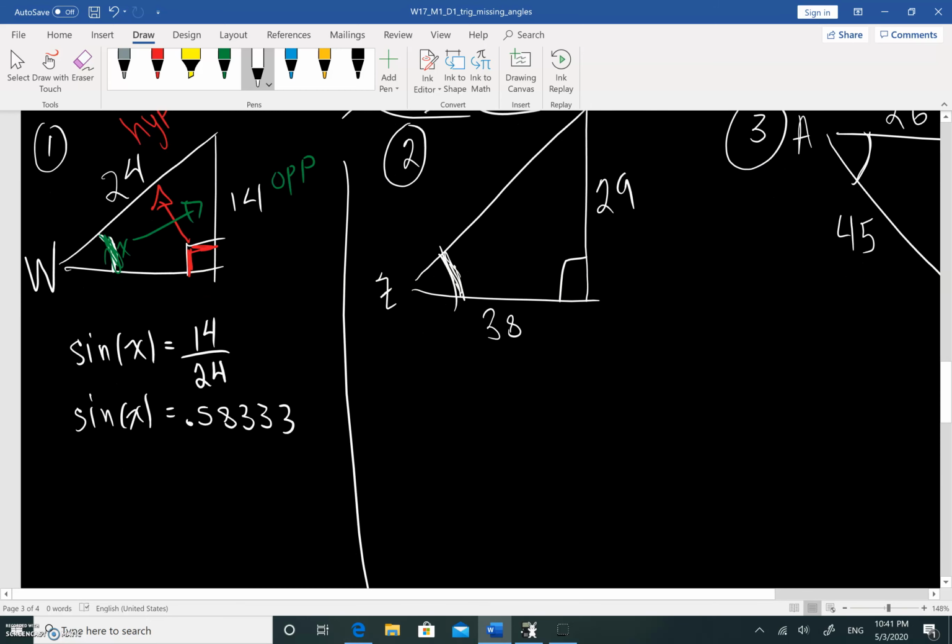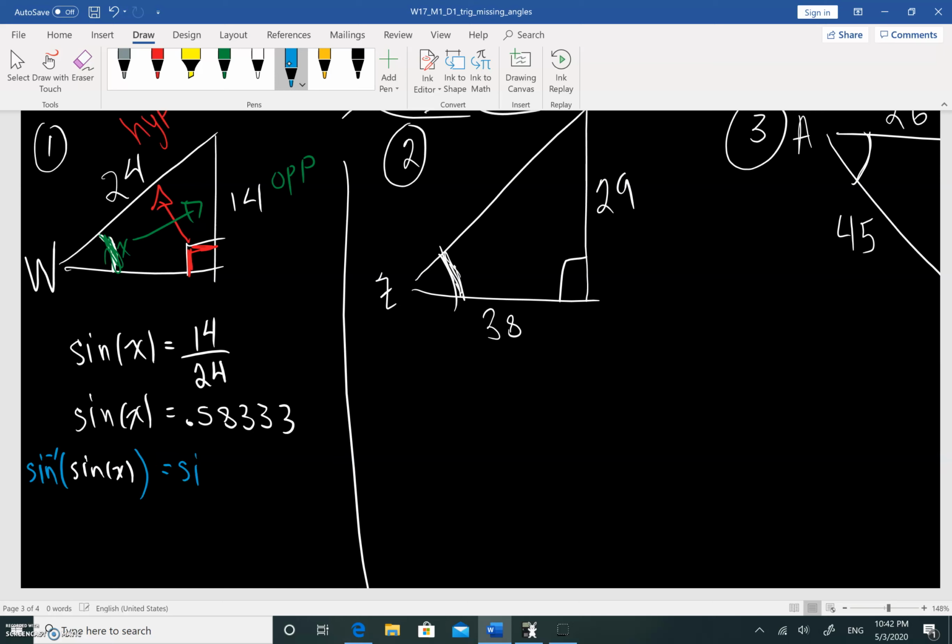And then from here, how do I get x by itself? What's the inverse operation of sine of x? Well, it's to take the inverse sine on both sides, right? So we do sine inverse of what we had originally, sine of x. Sine inverse has a power of -1 on top.